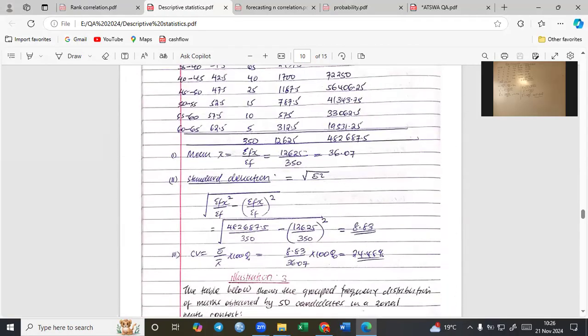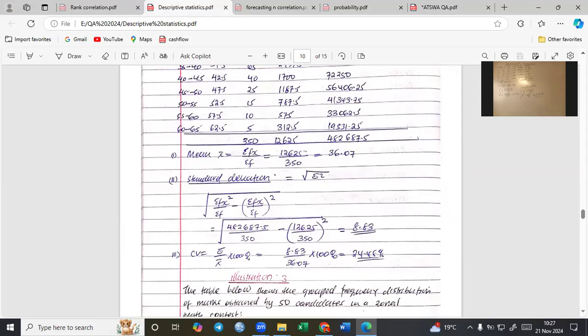Look at that formula. Now I prefer the shortcut method, which is this one you see here. Fx squared over f minus summation of fx over summation of f. I prefer that method. So if you can use that method, the better.